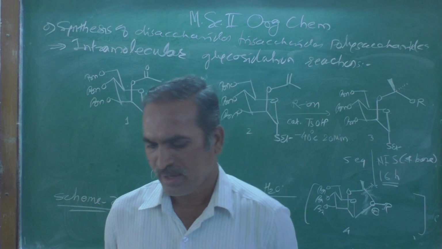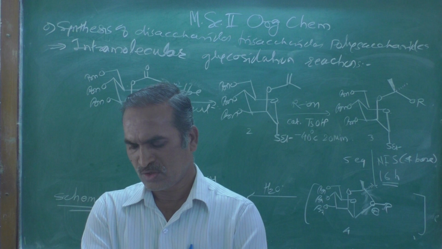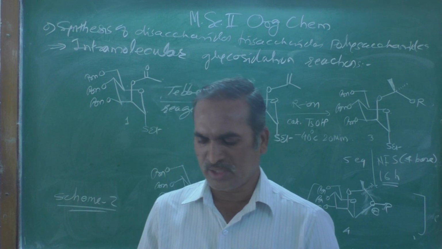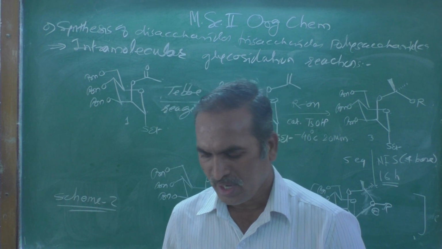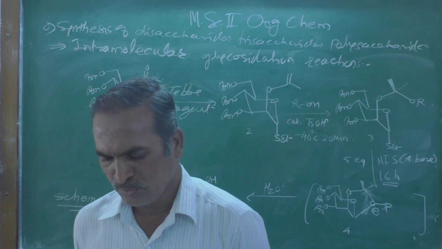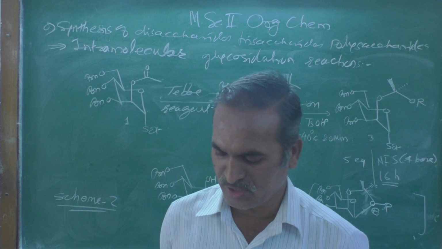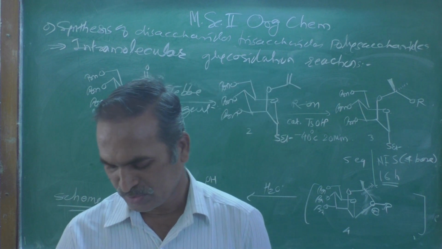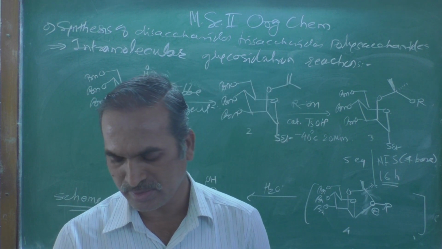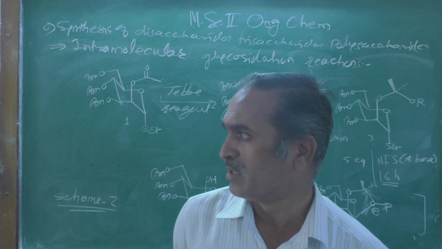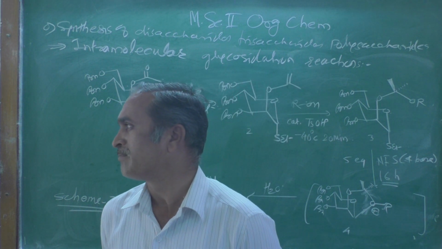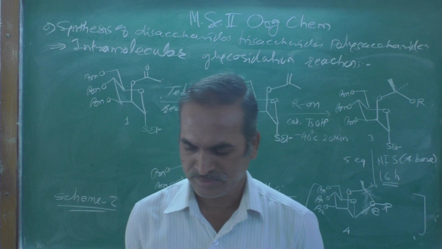The acetate was converted to the methylene acetal derivative 2 with the Tebbe reagent. As we know, how the Tebbe reagent is prepared is a separate topic; you can see it in organometallic compounds.